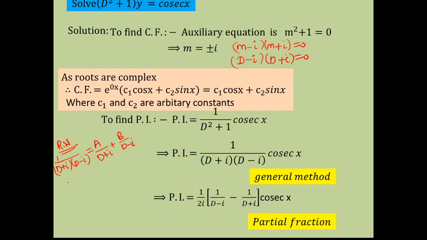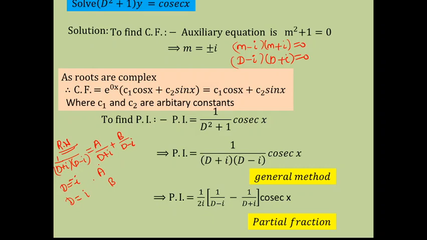Then, putting one by one, putting D equal to minus i, you will get the value of a, and then putting D equal to plus i, you will get the value of b, right? So this process is known to you.